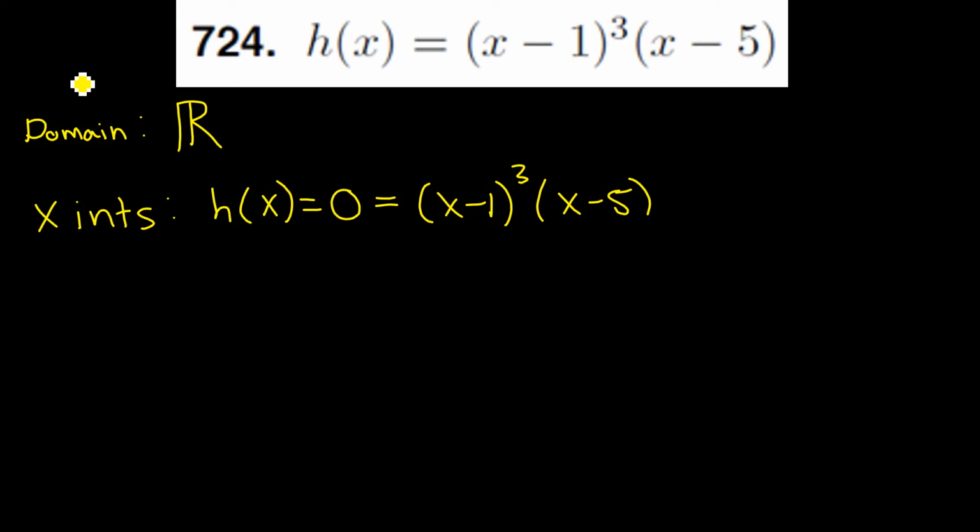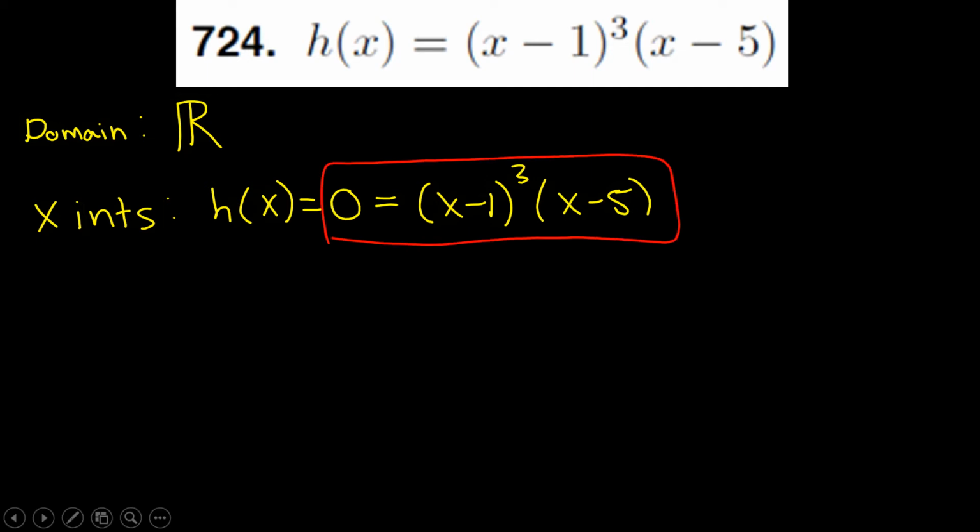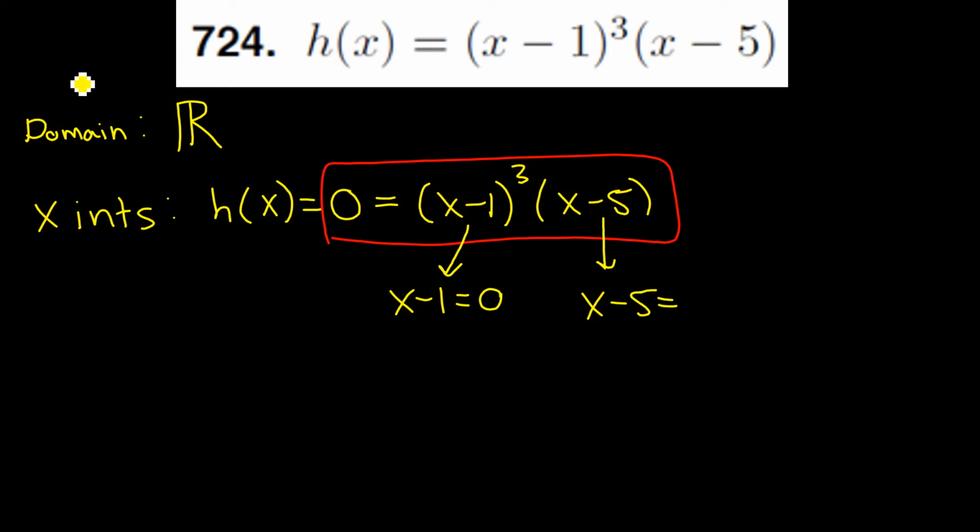So there are two possibilities: either x minus 1 equals 0 or x minus 5 equals 0. Either of those has to happen for x-intercepts, which means x is either 1 or 5. Those are the x-intercepts of my graph.